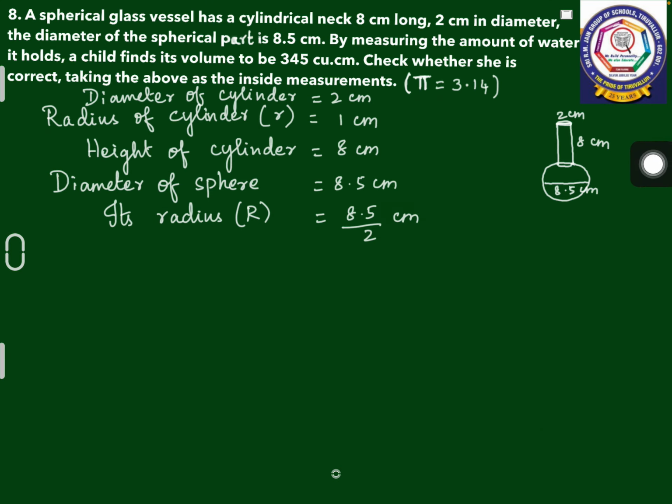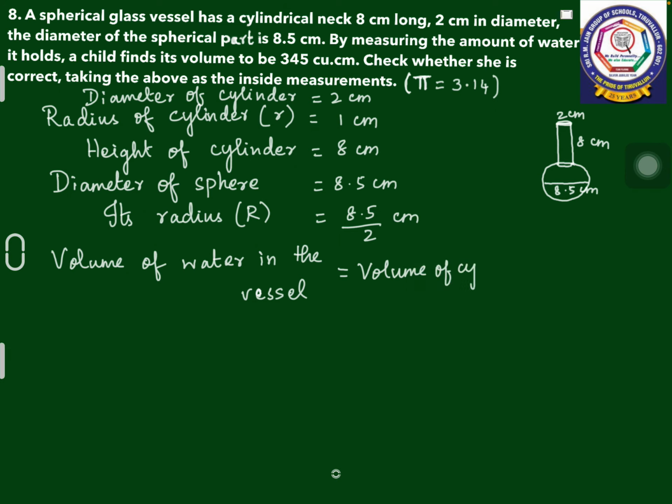Now I have to find out how much water that vessel can hold. So volume of water in the vessel is equal to volume of the cylinder plus volume of the sphere.